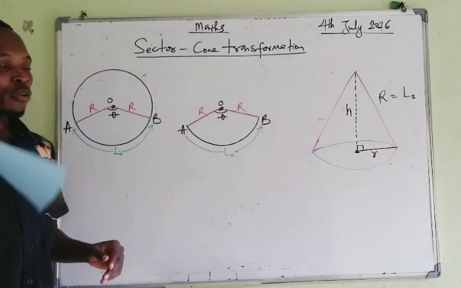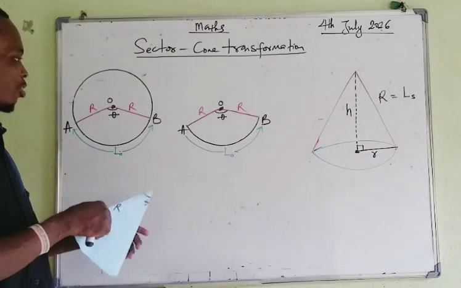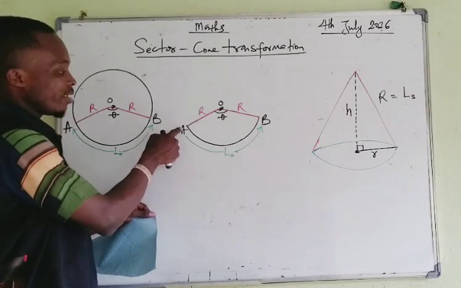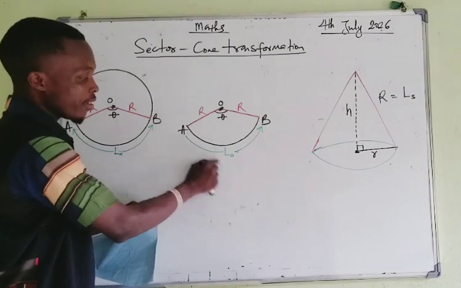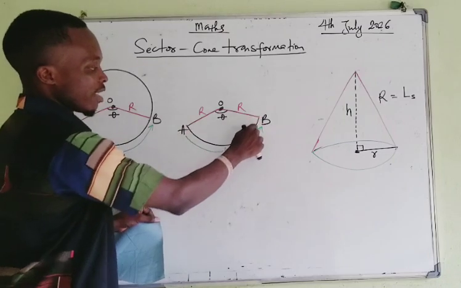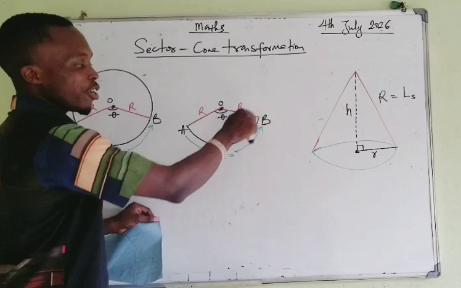So what other facts do we know here? Now watch here. This length here, I call it LA, length of the arc. This distance here is the length of the arc AB.